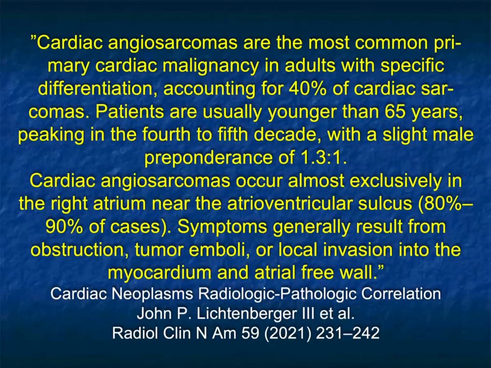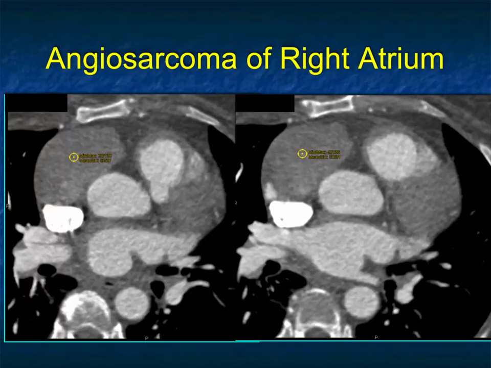In this article by Lichtenberger, again, cardiac angiosarcoma is the most common primary cardiac malignancy in adults with specific differentiation, accounting for 40% of cardiac sarcomas. Again, a little bit of a younger group than we think about tumors, though tumors of the heart in lymphoma patients is maybe perhaps the same age. And again, this right atrium is really the critical finding.